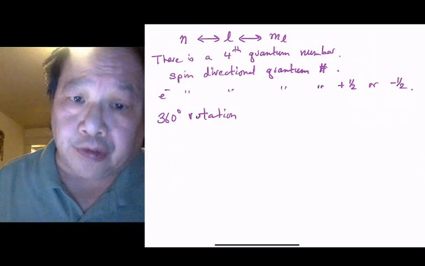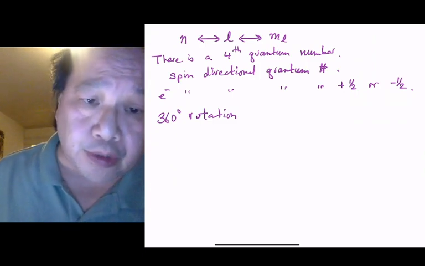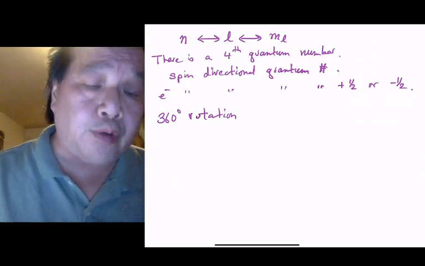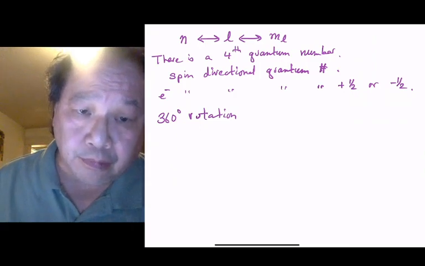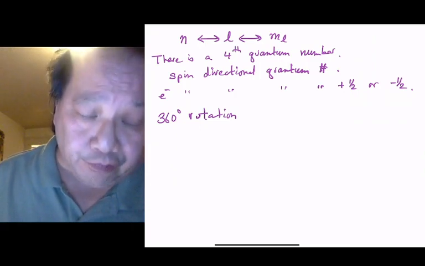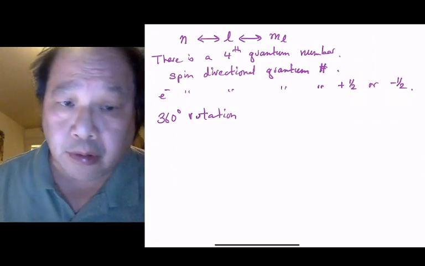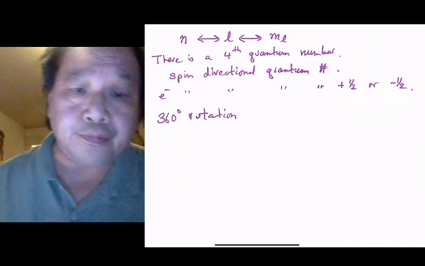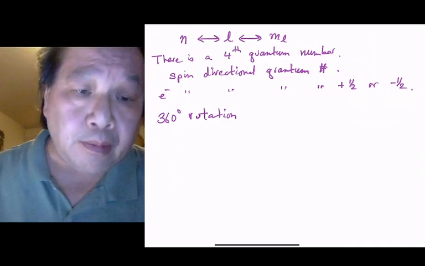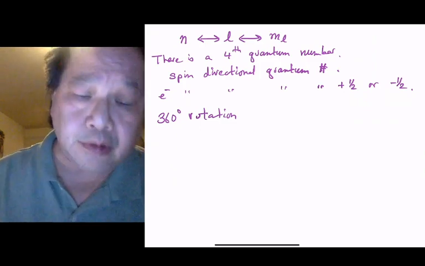But this statement that electrons have a plus 1/2 or minus 1/2 directional spin quantum number actually corresponds to the following true statement. An electron wave undergoing a 360-degree rotation comes back to -1 of itself. So, there is a fourth quantum number, plus 1/2, minus 1/2. We can barely believe it exists, but it does.